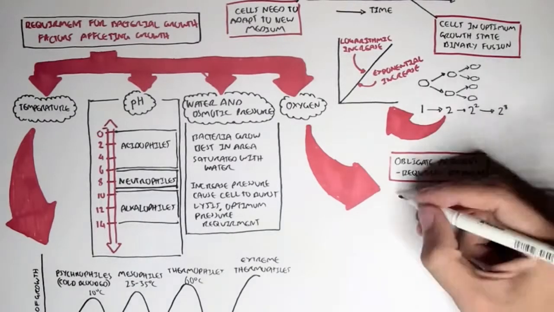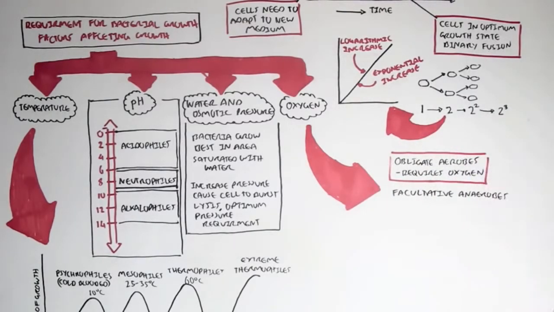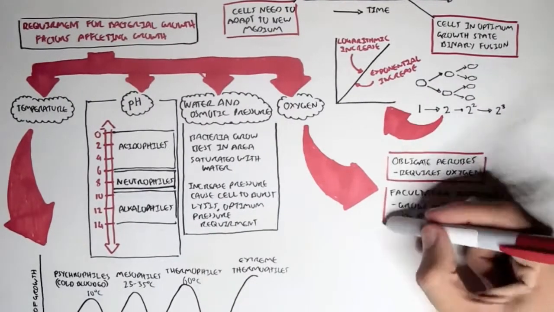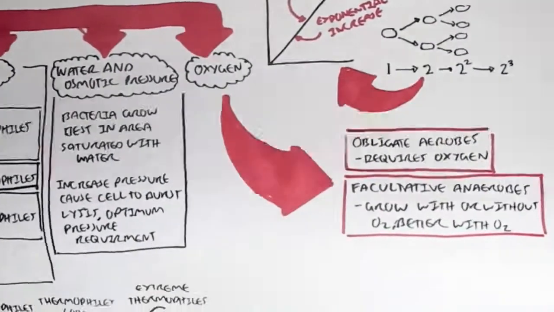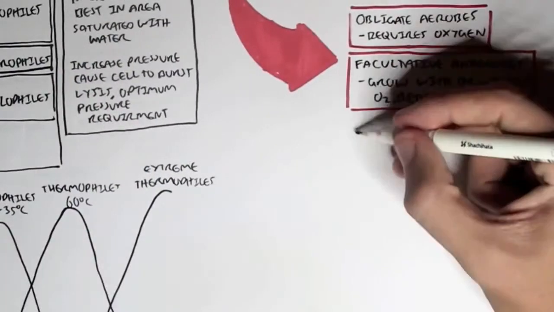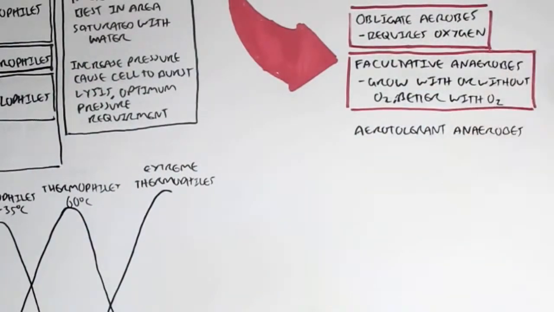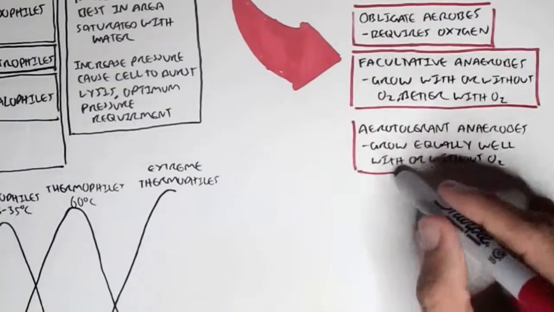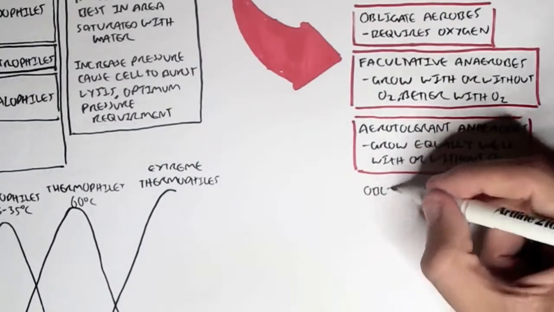Then we have facultative anaerobes, which grow with or without oxygen, but they grow better with oxygen. Then we have aerotolerant anaerobes, which are bacteria which grow equally well with or without oxygen. Obligate anaerobes are bacteria cells which die in the presence of oxygen.